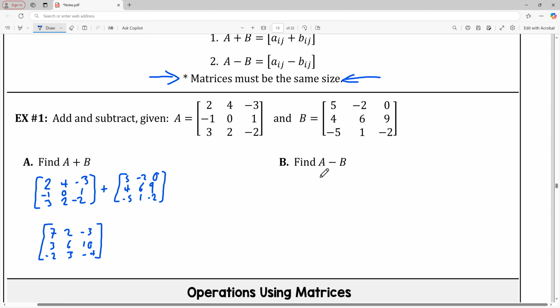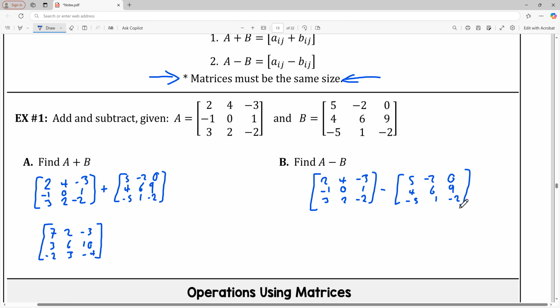To find A minus B, yes, it does work as simple as you want it to. I'm going to have my matrix A, which was 2, 4, negative 3, negative 1, 0, 1, 3, 2, negative 2. And now I'm going to be subtracting that by my matrix B, which is 5, negative 2, 0, 4, 6, 9, negative 5, 1, negative 2.